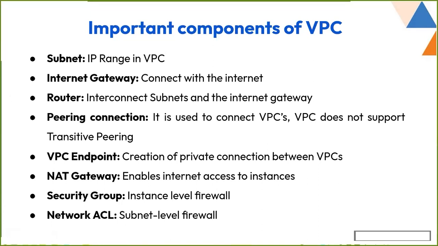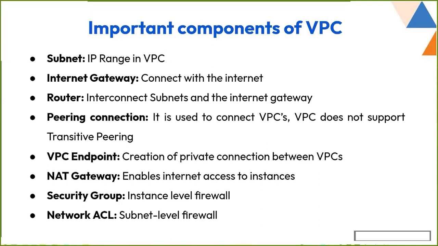Suppose I'll give you an example. Suppose there are three VPCs: VPC A, B, and C. VPC A and B have a connection, a link between them, and VPC A and C do not have any link.